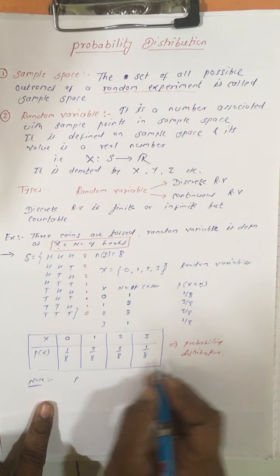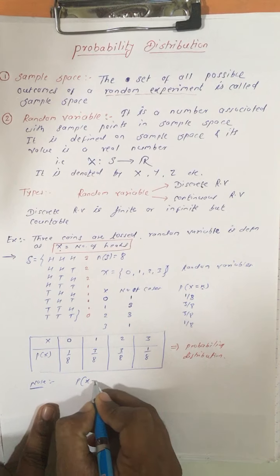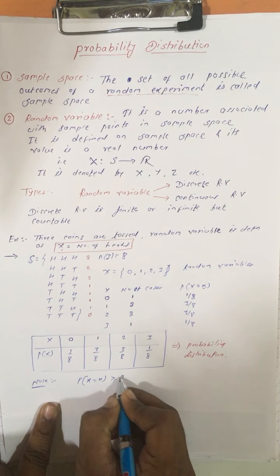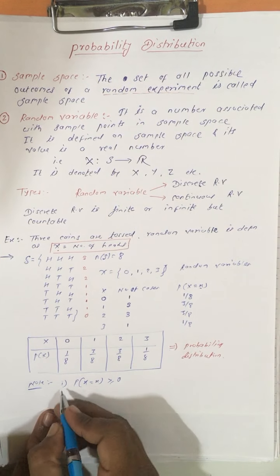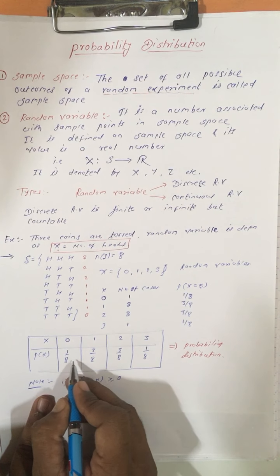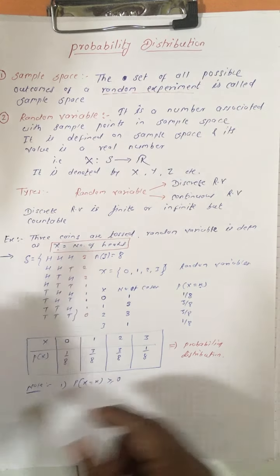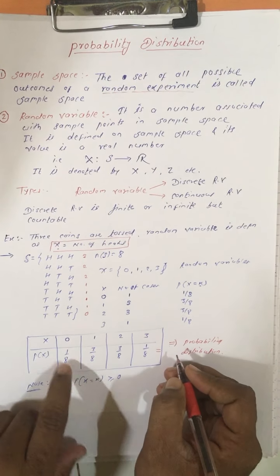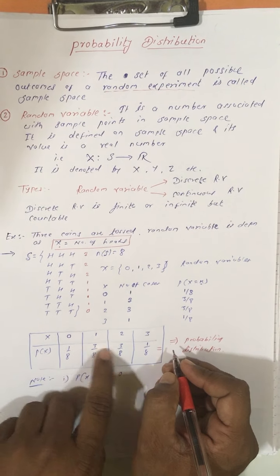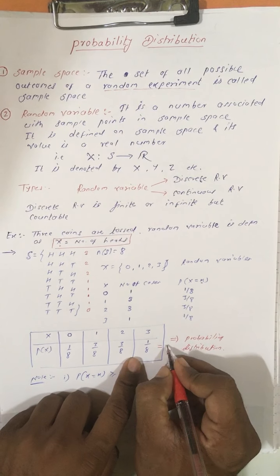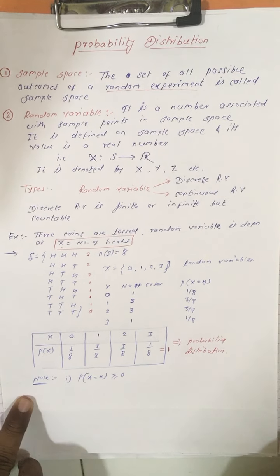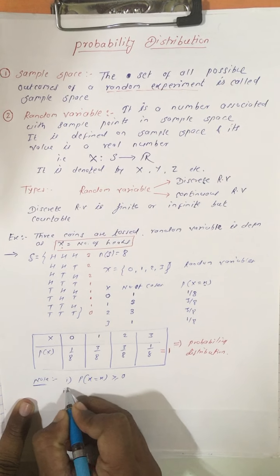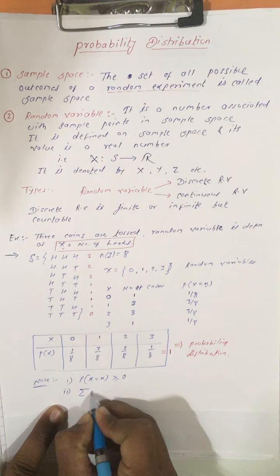That is, in a probability distribution, all probabilities must be greater than or equal to 0, that is, not negative. And if we add all these probabilities, we get 1 by 8 plus 3 by 8 plus 3 by 8 plus 1 by 8. We get 8 by 8, that is 1. That is the sum of all probabilities.